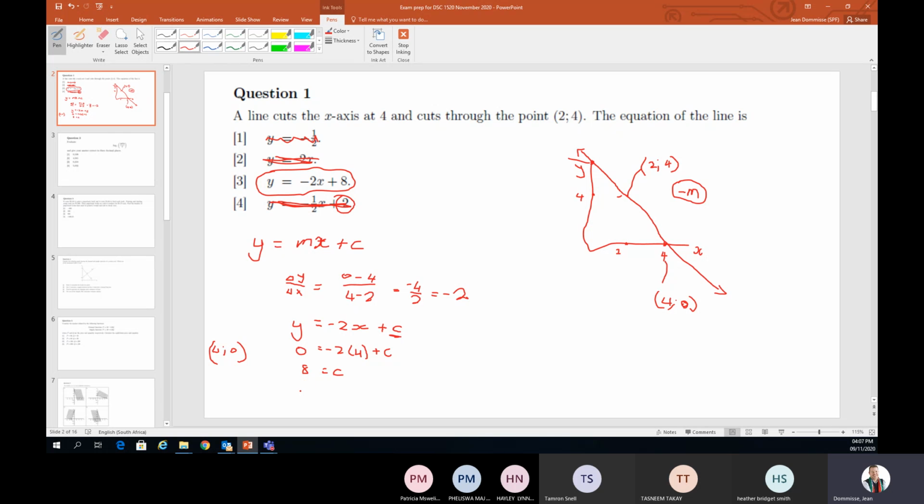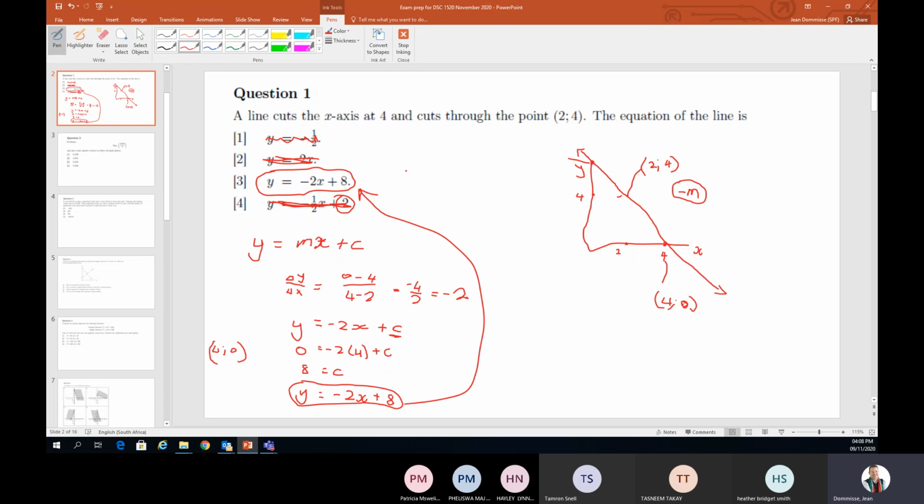So my final formula is y is equal to minus 2x plus 8. Okay, which was the one that we needed, which I basically could get without nearly working it out, but I just wanted to show you as well how to do it.